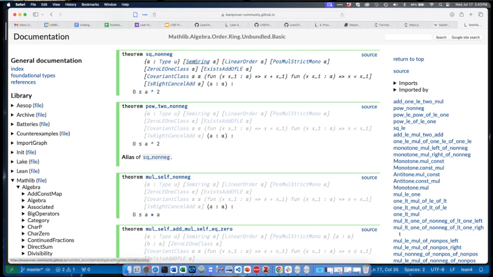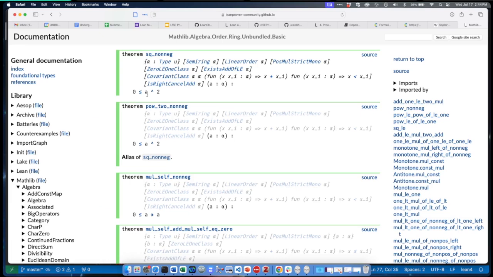These are all the weird math conditions. I think I mentioned this before, but since I was talking about abstract algebra, a reason it can be useful to learn some abstract algebra and what some of these vocab words mean is because MathLib isn't going to include 0 is less than or equal to a squared when a is a real number.